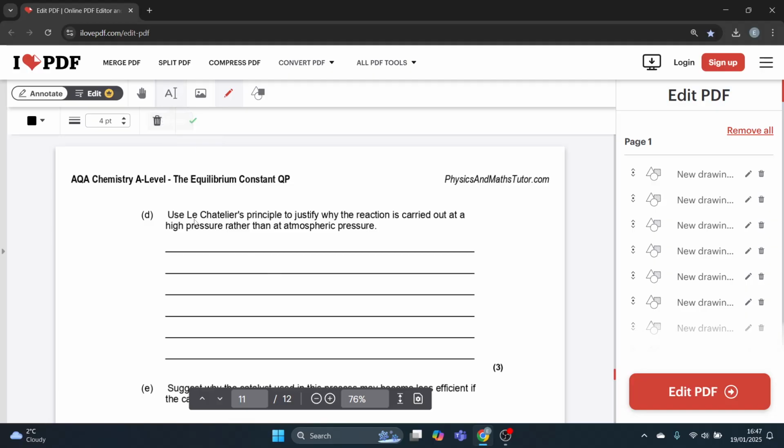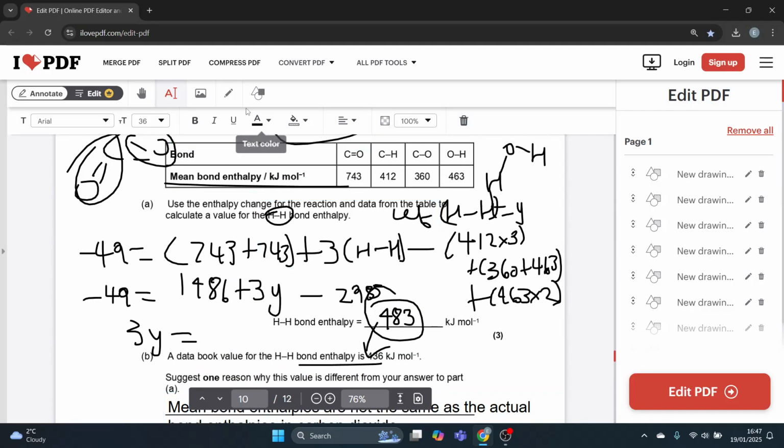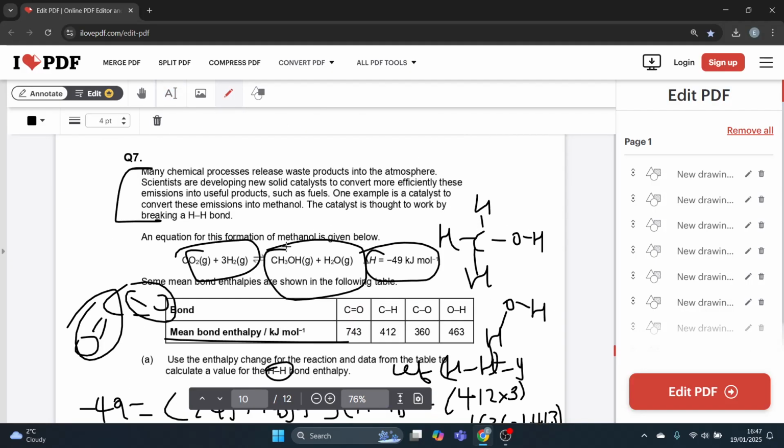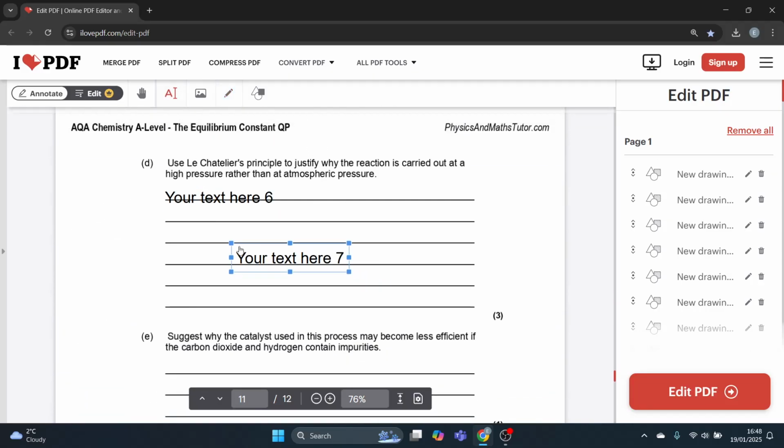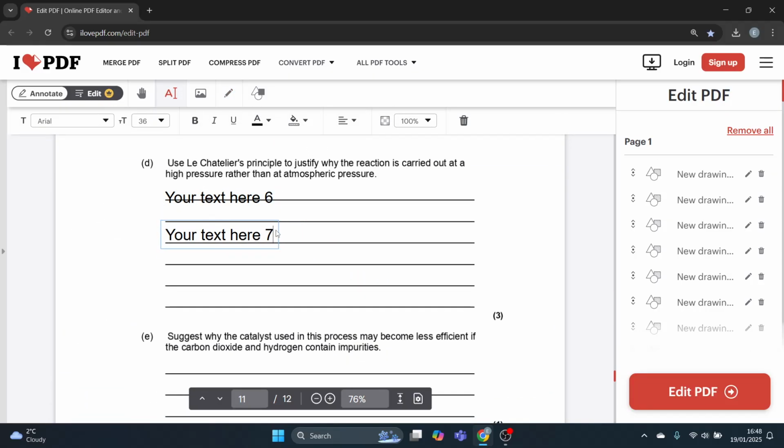Question part D says use Le Chatelier's principle to justify why the reaction is carried out at high pressure rather than atmospheric pressure. Well, I can say high pressure, then it's going to shift to the side with fewer moles of gas, which is the right hand side, therefore I'm going to have more methanol. So that's all I have to really say, and probably waffle a bit more than that. Firstly, I'll say 4 moles of gas forms 2 moles.